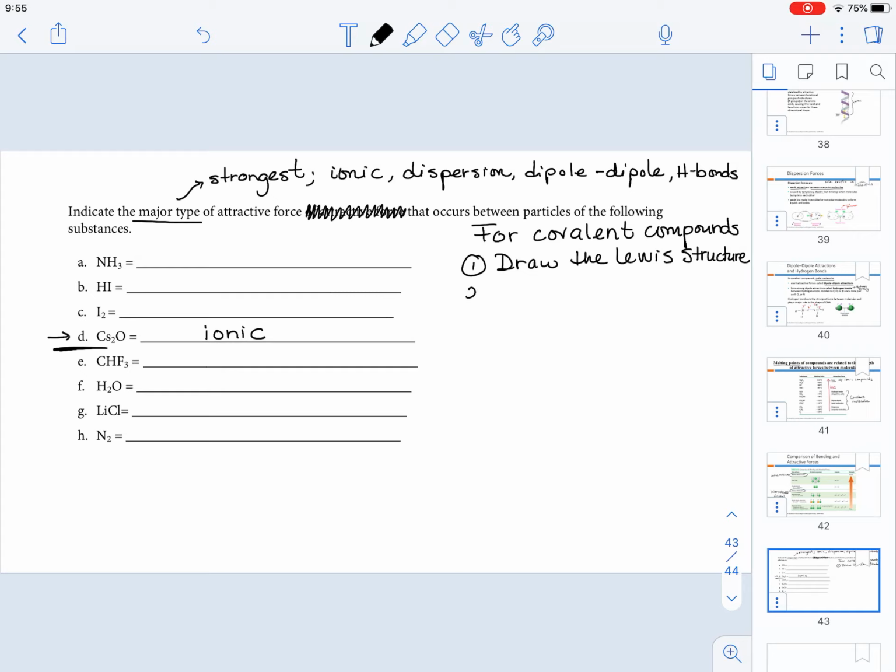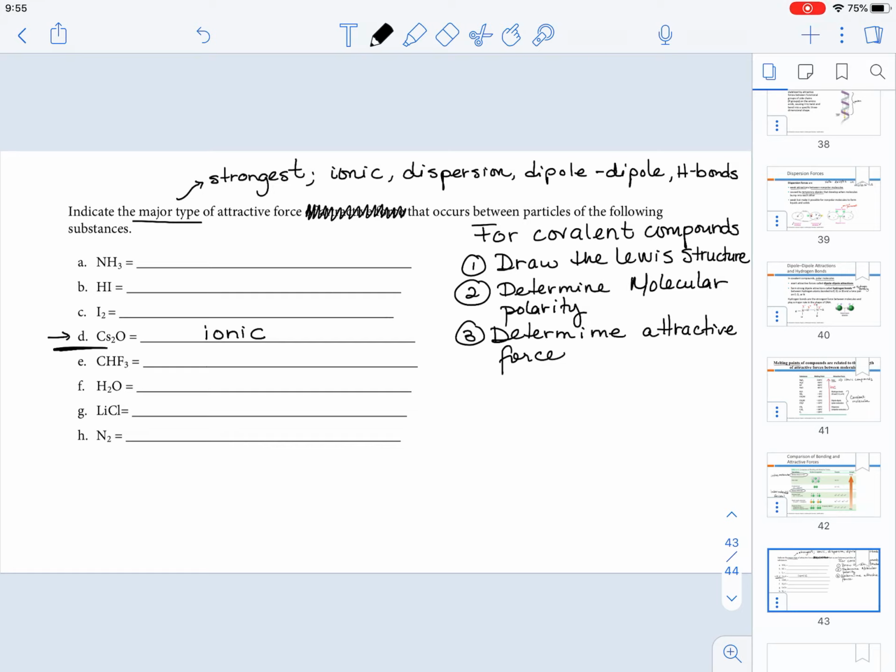Number two, determine the molecular polarity. And three, determine the attractive force, in this case, the strongest. So, letter A we already did. This is hydrogen bonding. Let's deal with B and C.